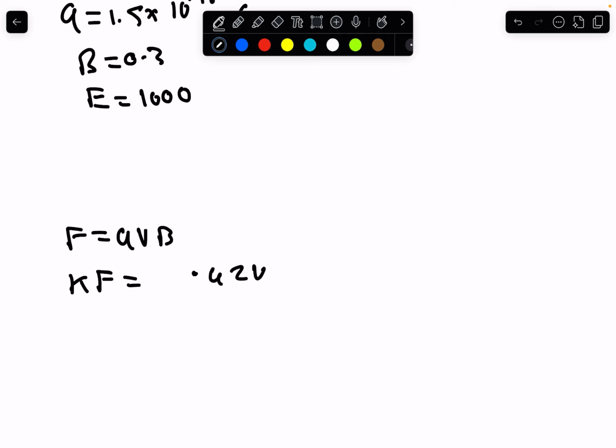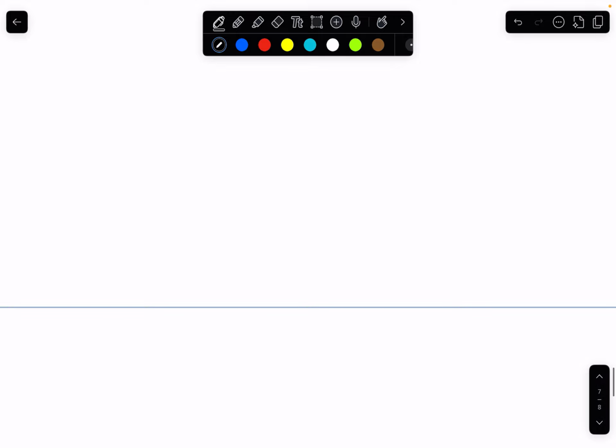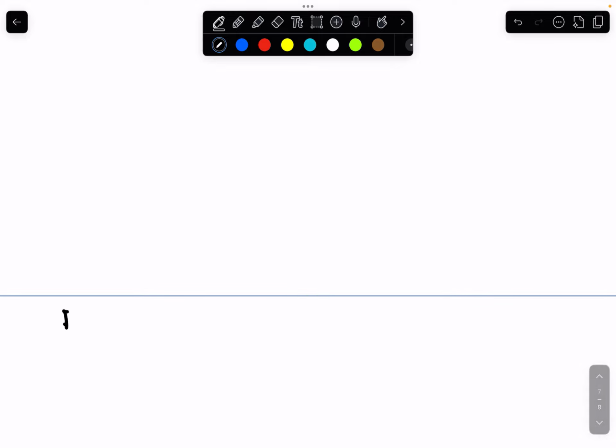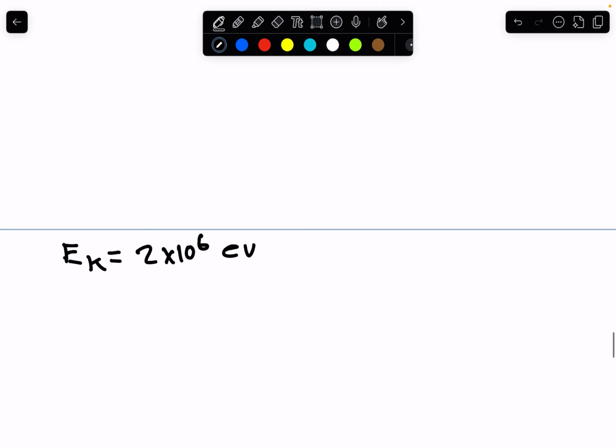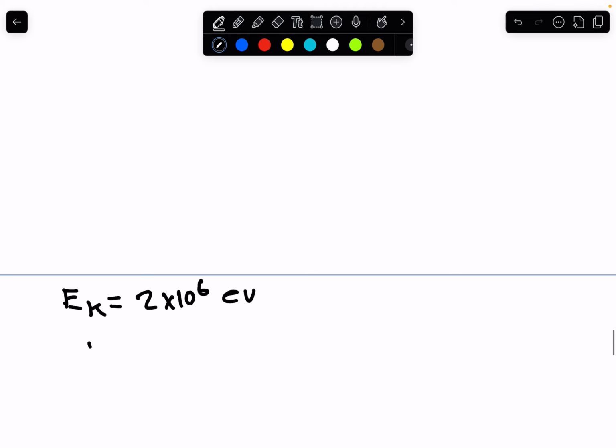Okay, a proton of kinetic energy 2 mega electron volts, so EK equals 2 times 10 to the 6 eV, enters a region of uniform magnetic field B of magnitude 0.25, perpendicular to its velocity.